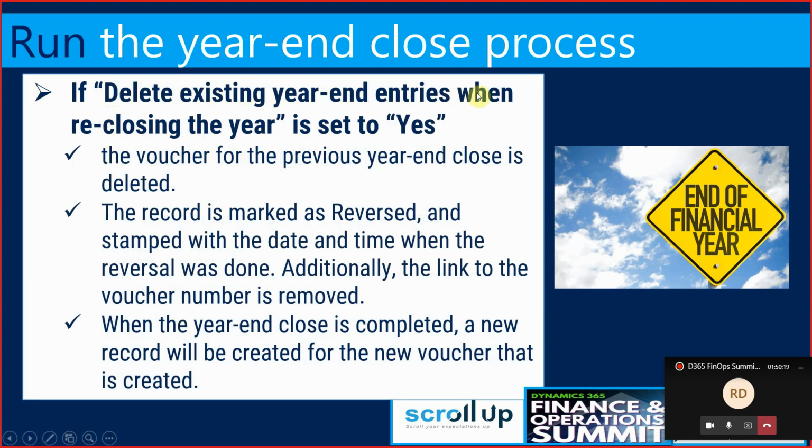If delete existing year entries when reclosing the year is set to yes, the voucher for the previous year-end close is deleted. The vouchers that were created, which I showed you, will be deleted. The record is marked as reversed and stamped with the date and time when the reversal was done. Additionally, the link to the voucher number is removed.